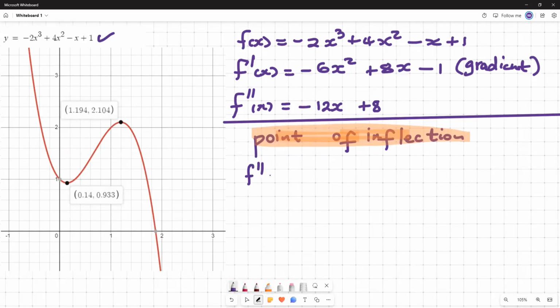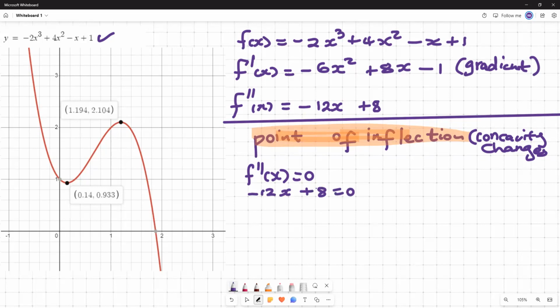The second derivative of f of x must be equal to 0 for a point of inflection. Point of inflection is where concavity changes, basically. Concavity changes here on the point of inflection.